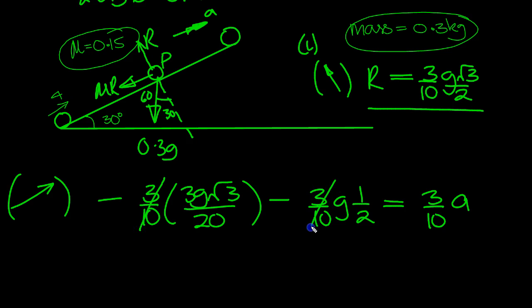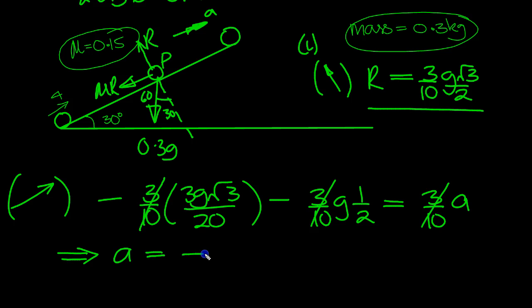So the 3/10 will cancel all the way through, and that will tell us what the acceleration is. Once we find the acceleration, we know the initial speed, so we'll be able to find the distance. So what have we got here?